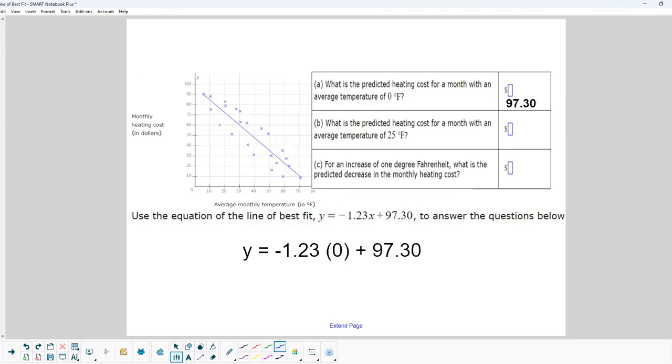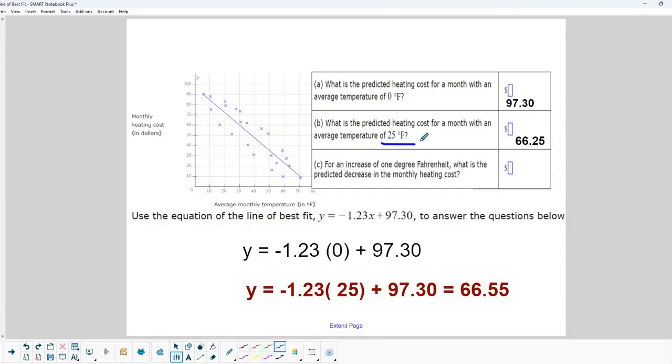So let's just state then that if we put in 0, no time, no temperature change, then what would be the monthly cost? And that would be $97.30. What if we had a temperature change of 25 degrees? Well, that would reduce the amount of heating that we need to do because the air would be cooler.